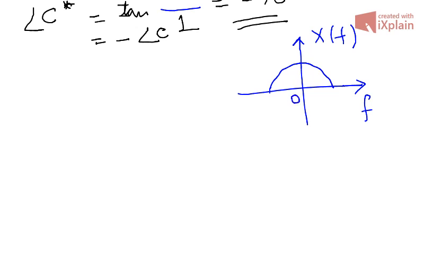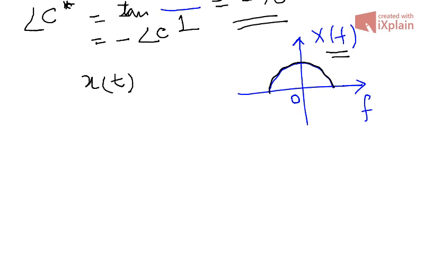It has the magnitude response, which is shown here in this blue color. It will also have the phase response, right? What do we mean by magnitude response and phase response? This is X of f, the frequency domain signal. We would have the corresponding time domain signal, x of t.